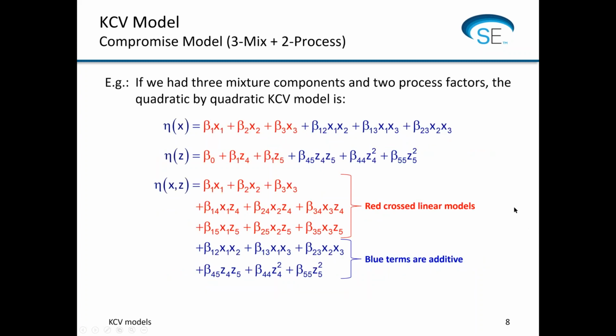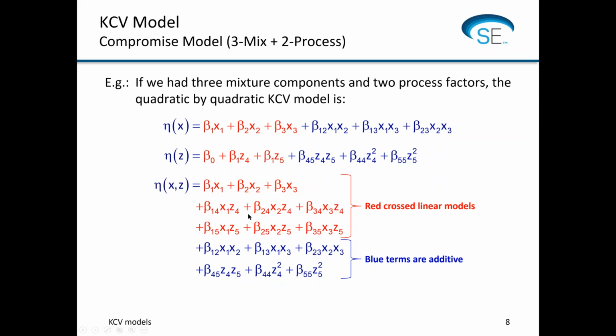Okay, if we had 3 mixture components and 2 process factors, then what we're going to do is cross the linear part with the linear part from the process. So this times the intercept gives us what looks like the mixture. So those are the average blending properties. This times the coefficient for Z4 gives us the correction to the average blending properties for the level of the first process factor.